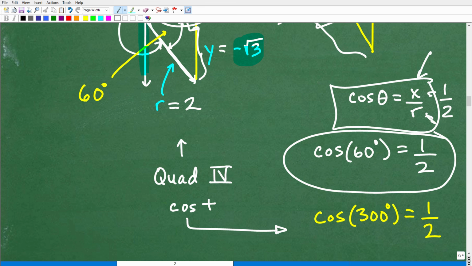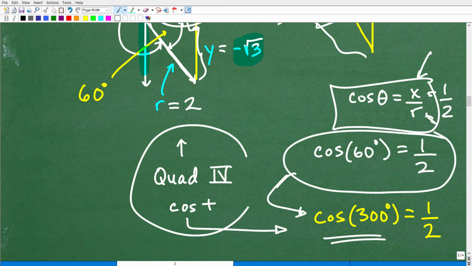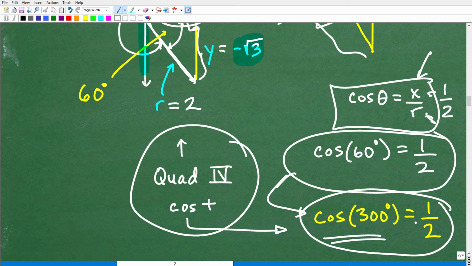So the cosine of 60 degrees is 1/2, which, with that reference triangle, is the same thing as finding the cosine of 300 degrees, which of course is 1/2. And we know in the fourth quadrant, cosine is positive. We already talked about that with the graph. Of course, you could have learned that just through rote memorization. This is a positive 1/2.